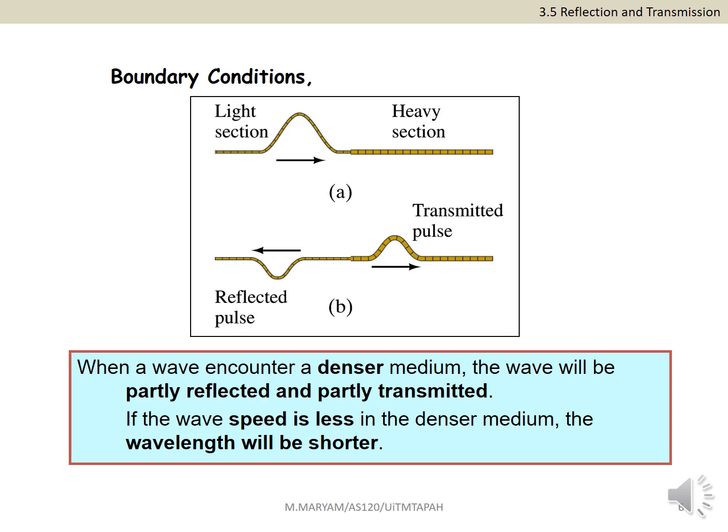So when a wave encounters a denser medium, the wave will be partly reflected and partly transmitted, the same as the previous lecture. If the wave speed is less in the denser medium, the wavelength will be shorter. Okay, please remember the hint here.